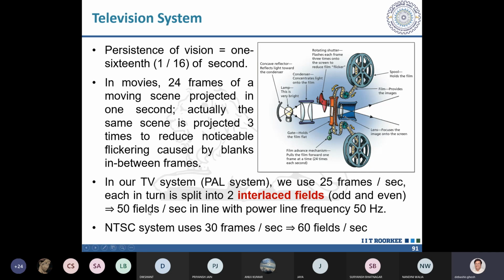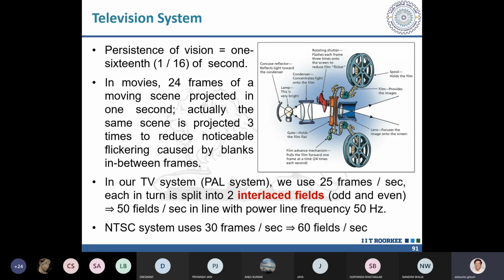If the oscillator is not running properly in the television system at your home, it can still correct its oscillation frequency by adjusting it to the power line. It was because of that only that people selected 25 frames.